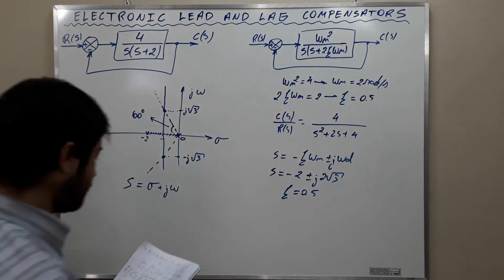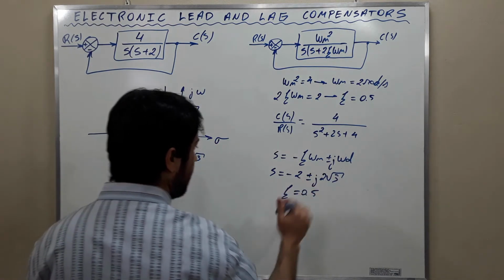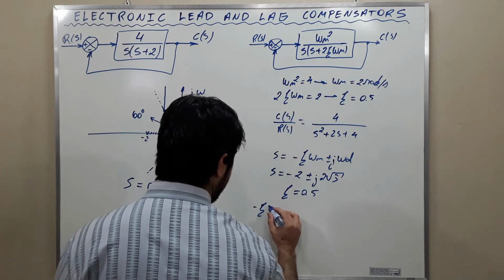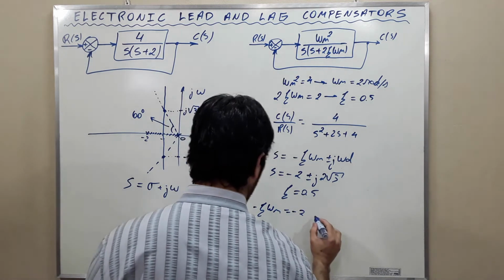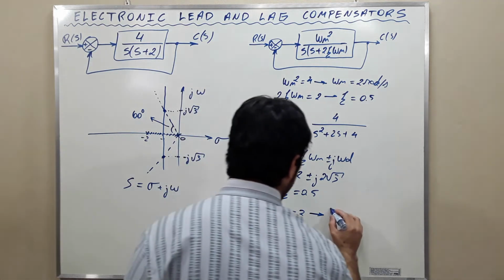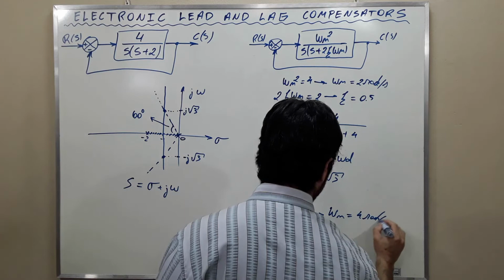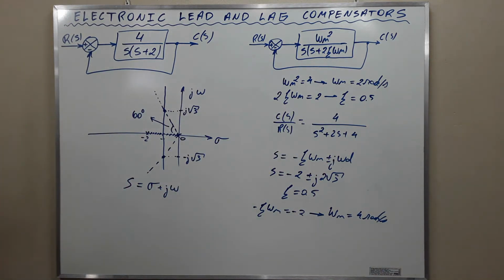And since negative zeta Wn is equal to negative 2, then we're going to have Wn equal to 4 radians per second, okay? This is what we wish. We don't have it yet. This is what we wish.